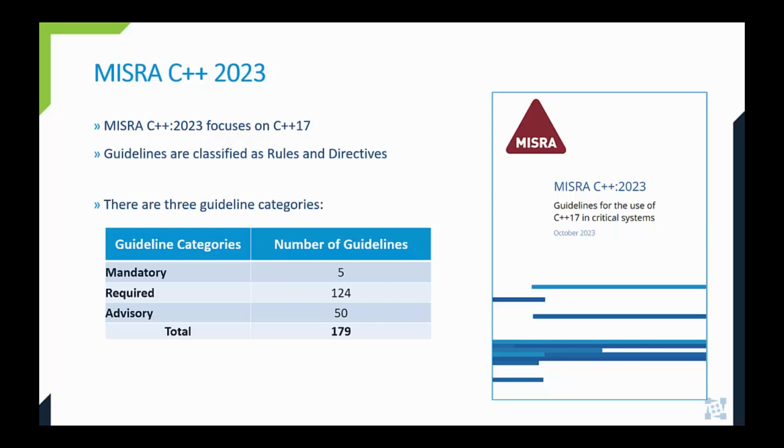However, you can deviate from these by providing formal deviation reports. And there are 50 advisory guidelines which help improve a project's code quality and should be followed. However, you don't have to abide by them, and no formal deviation is required. Also, you can find and purchase this standard from Amazon for, I believe, 45 euros.